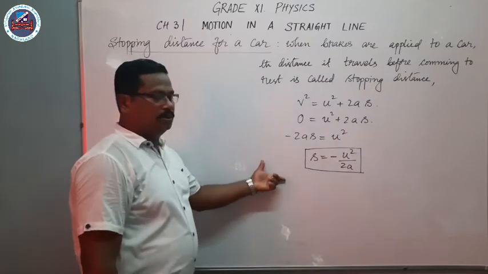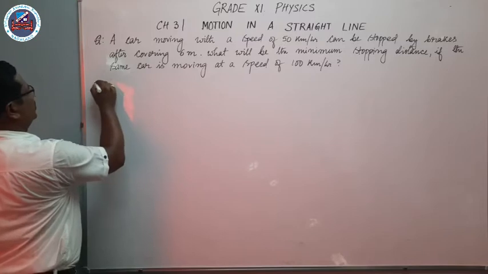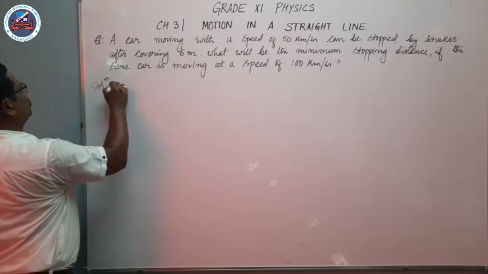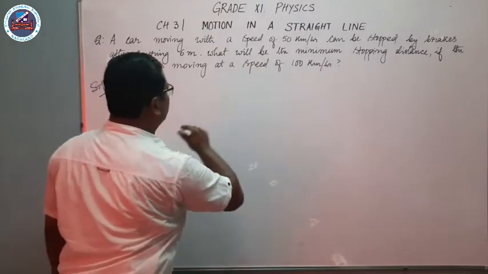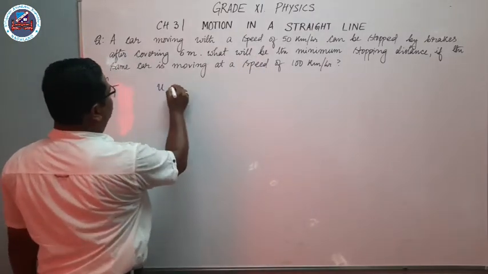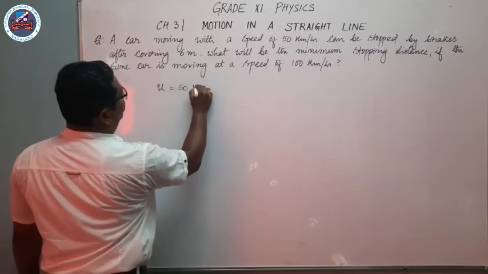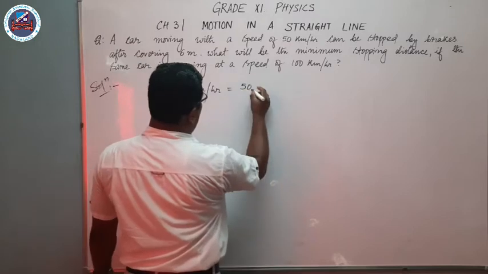Now let us do one question and solve it related to stopping distance. A car is moving at a speed of 50 km per hour. The initial velocity of the car is 50 km per hour, converted into meters per second.